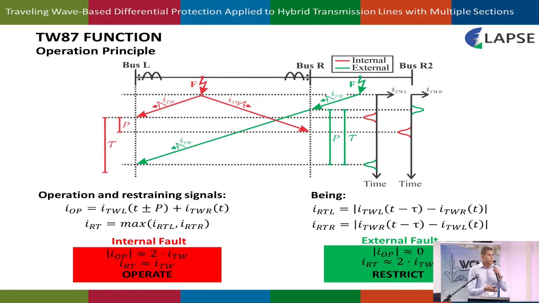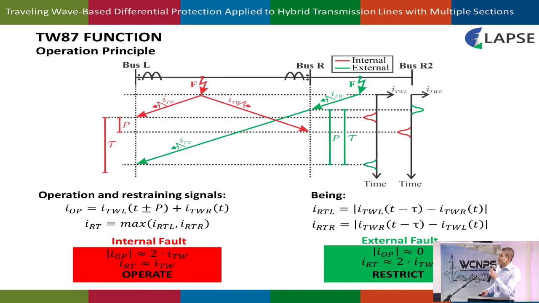Thus, TW87 operates. However, for an external fault, IRT has high values, and IOP is about 0.